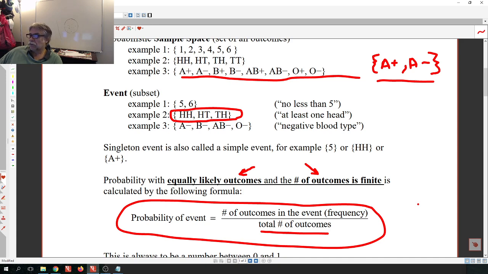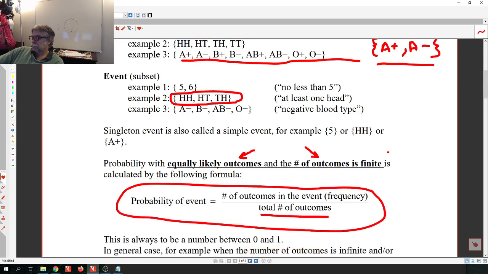Another thing students usually don't understand is that the sample space is somehow related to a sample. No, it isn't. Sample space is not related to sample. We're not talking about a sample. We have a name for the set of all outcomes. We call that the sample space. But that doesn't mean it's a set of samples or a part of a sample or anything like that. We're not talking here about statistics. We're talking about probability here. Okay?